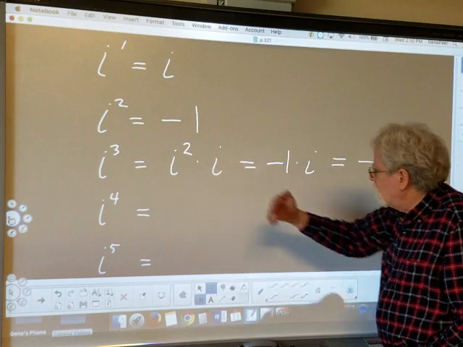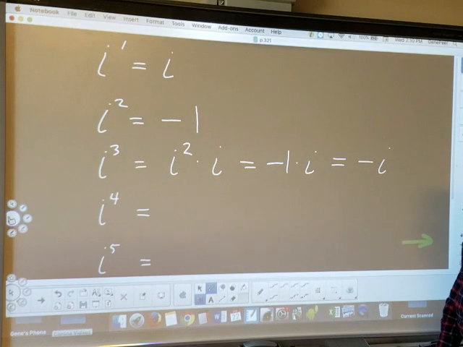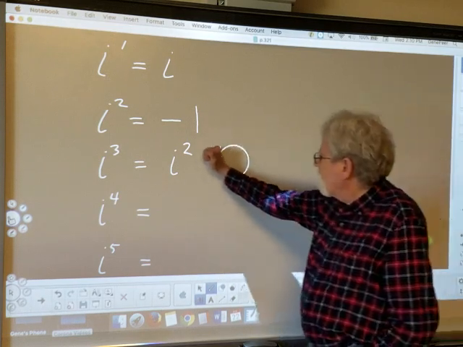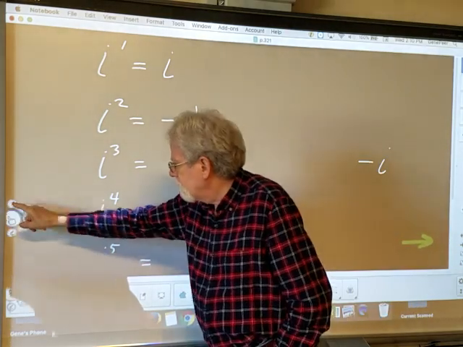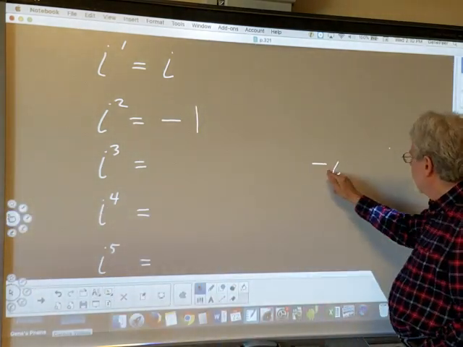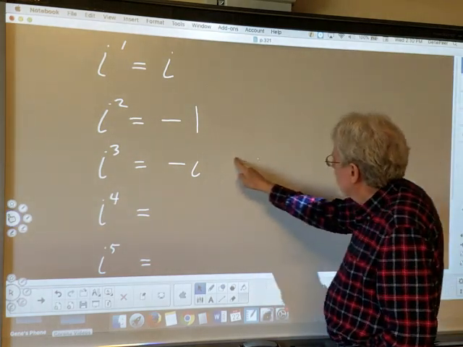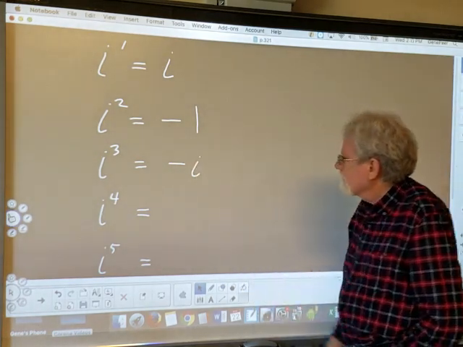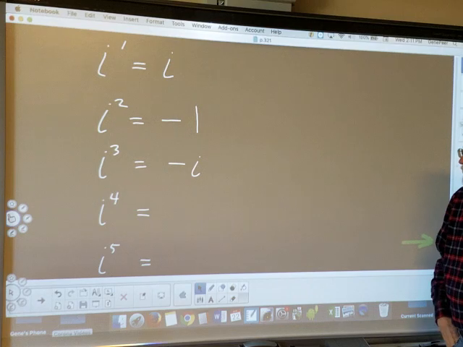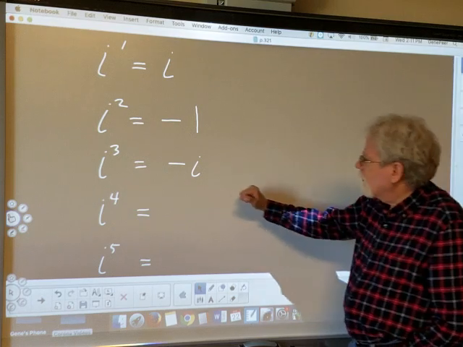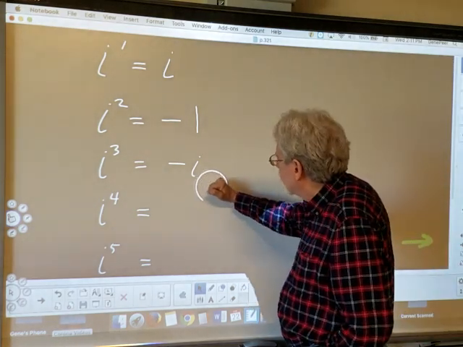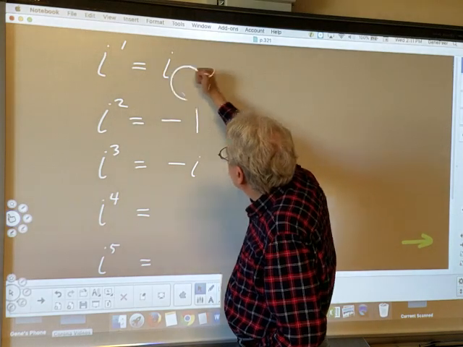So i to the third becomes -i. Let's condense that down and write it very simply, like this. Oop, left my dot behind. Grab that dot. There. i to the third is -i. Yeah, I know my i's kind of look like backward J's. I always curl my i's, and sometimes I curl them too much.